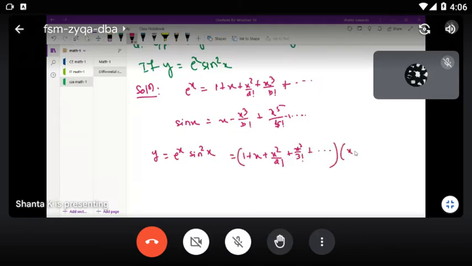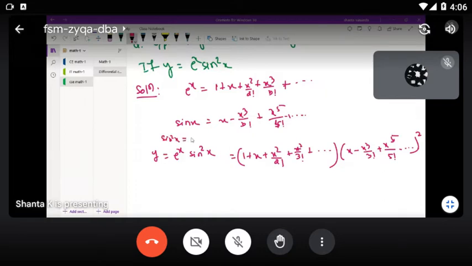Then here for the sine square, just convert sine square x into 1 minus cos 2x by 2. It will be much easier. That will be again much easier. You can do that way.